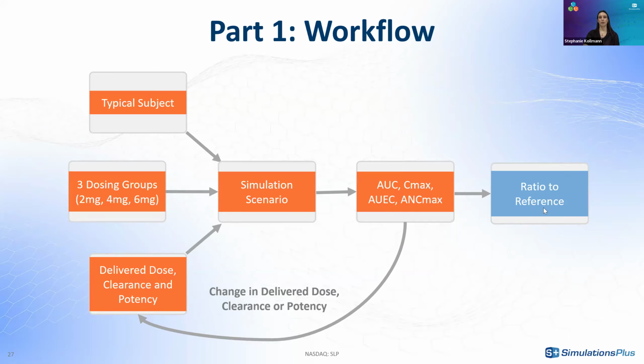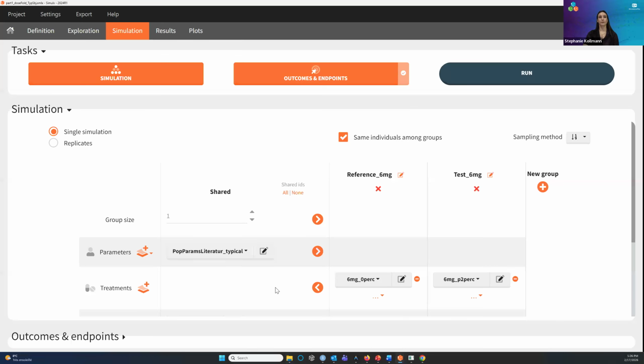So let me show how the simulation scenario is set up in Simulx. So we can see how the scenario is structured. I simulate two groups in this specific case, a reference group representing the marketed product at the nominal 6 milligram dose, and the test group that includes a defined difference from the reference.